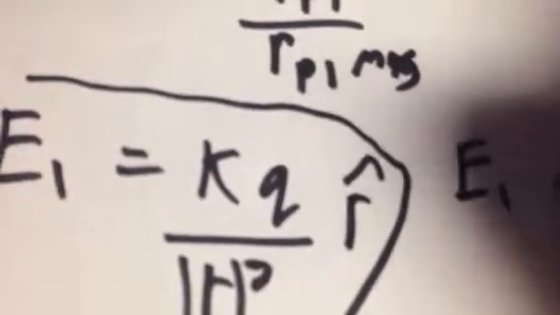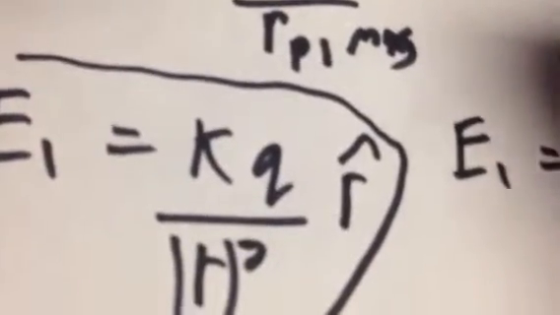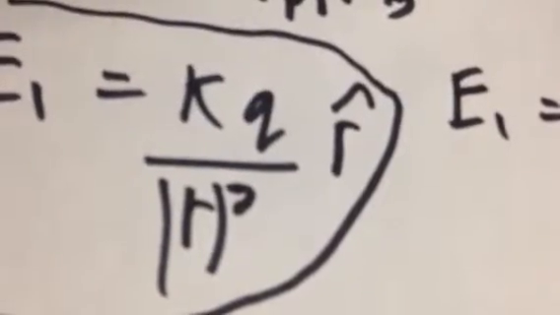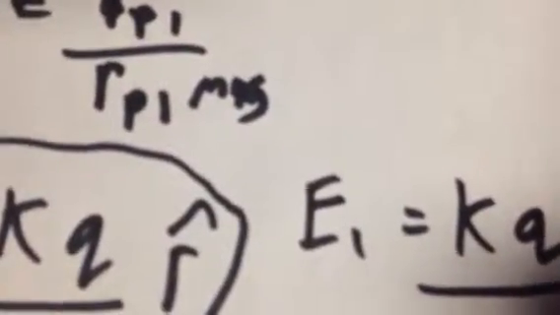So to write this for the computer to understand it, you're going to write E1 equals k, which we've already defined, times Q, which we've already defined, times r hat, which we defined up here, divided by r mag, and how we just did the square, like I said, double asterisk 2.